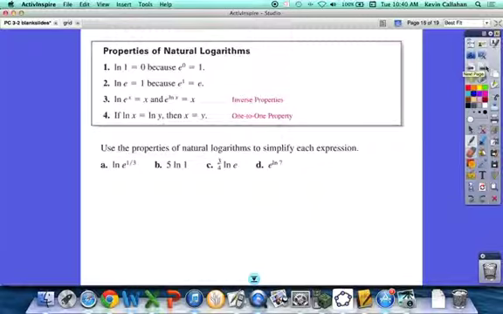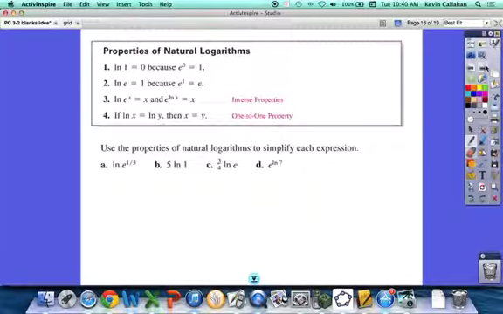So all of the properties that we had for logarithms are really just repeated for natural logarithms, because when we had the properties for logarithms, they were for log base a, and a could be anything. So now all this is saying is, let a be e, right? But it looks a little different because you don't see the base.